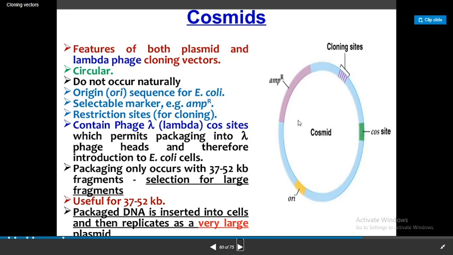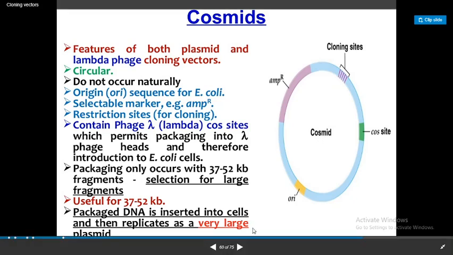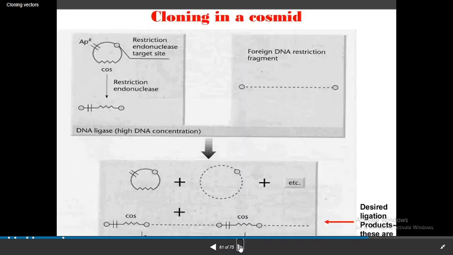What is the size of this? 37 to 52 kilo base pairs. So you can insert this packed DNA into the bacterial cell and it replicates as a very large plasmid. So when the advancement goes on, you can produce big DNA fragments. This is the cos site, this circle-like region.